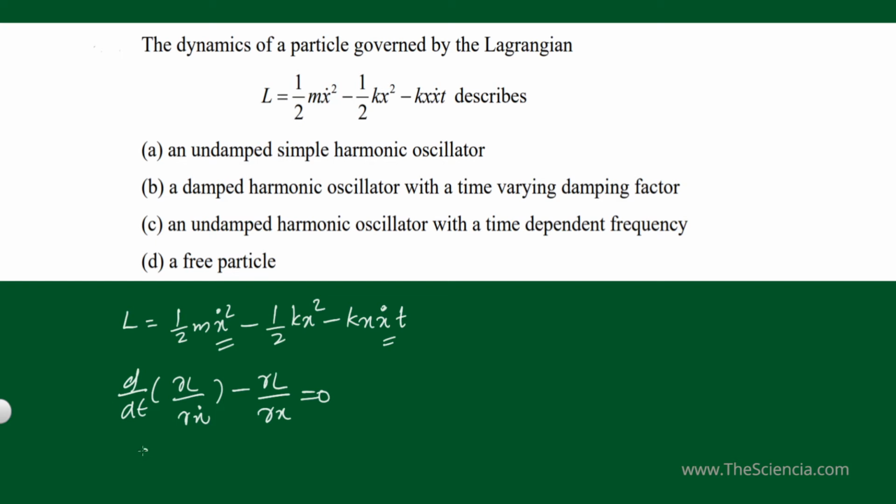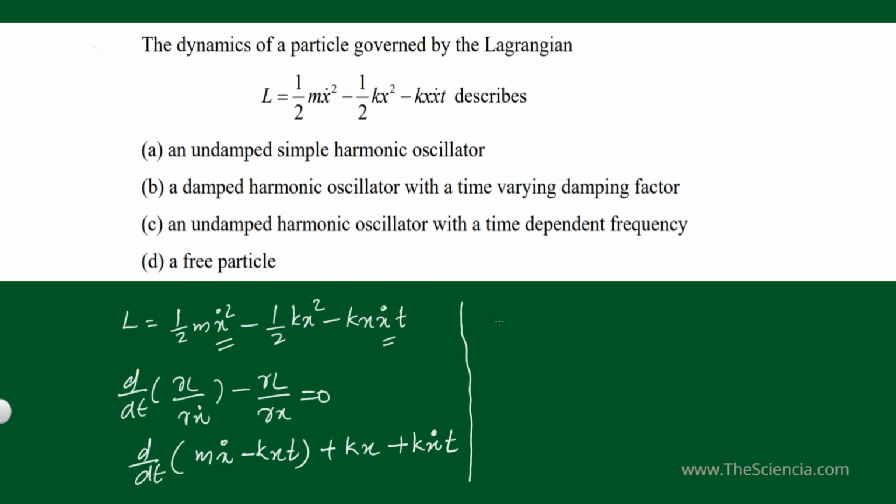Then what will be this value? d by dt of dou L by dou x dot, that is m x dot, and here also x dot is there. Therefore minus k x t. Minus dou L by dou x, so that will be plus k x, and here also there is an x term, so we get plus k x dot t.